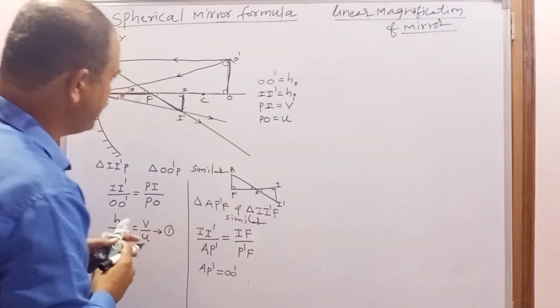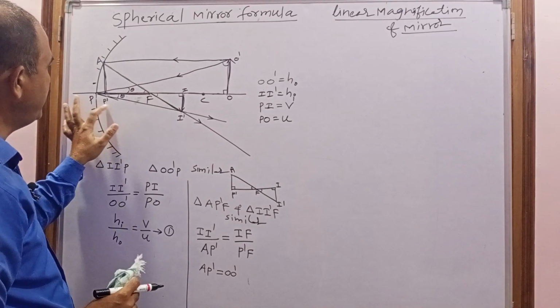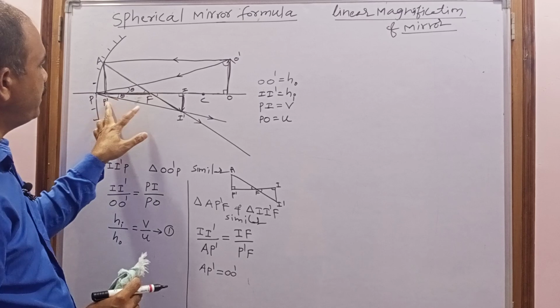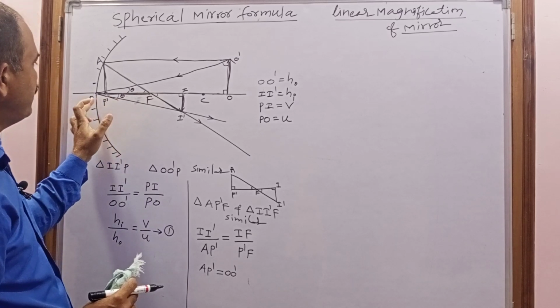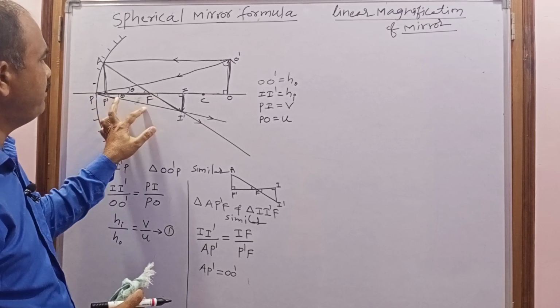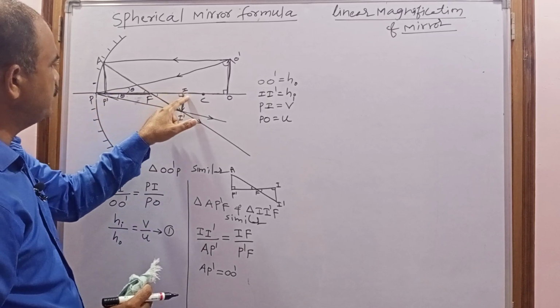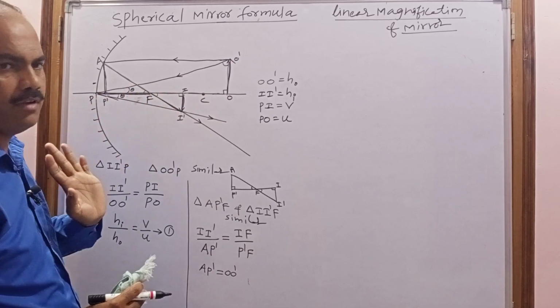In the case of paraxial rays, you can take P dash as the same as P. So the distance between P dash and F is the same as between P and F, and the distance between P dash and I is the same as the distance between P and I.